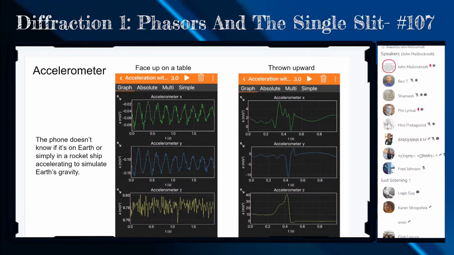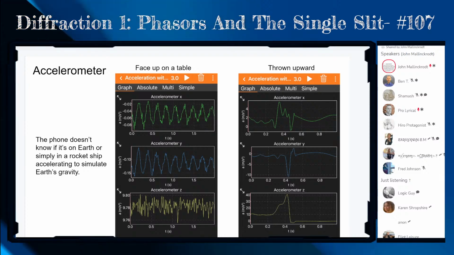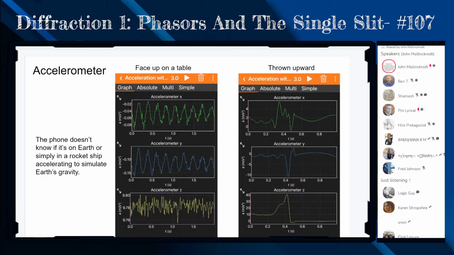You can see that the Z acceleration goes up to 20, 30, 40 meters per second squared as I very quickly tossed it upward. There's also a little noise in the X and Y at the same time. And then once it was in the air, notice the noise goes away.